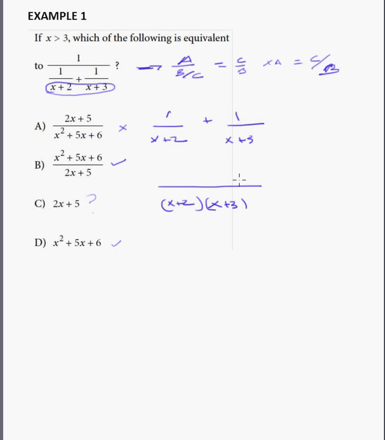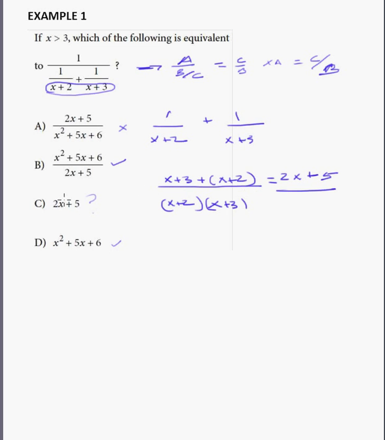Now x plus 2 goes into this, so this becomes x plus 3, and then x plus 3 goes into this, so it becomes plus x plus 2. Now let's simplify. That gives us x plus x, that is 2x, plus 3 plus 2, that gives us 5, all divided by the product.